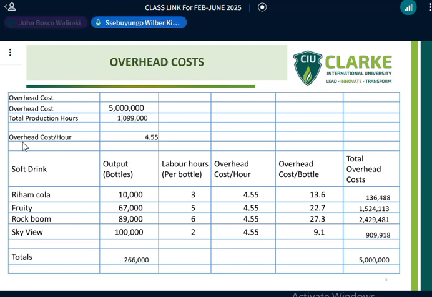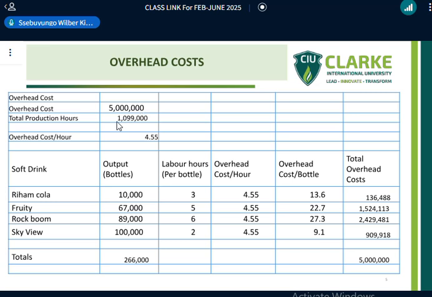Okay, we want to get overhead cost per hour. So we have the total hours of production that labor took to produce, and the cost for that period.